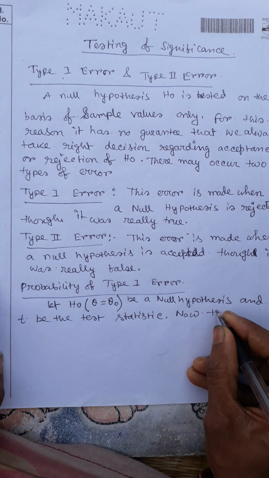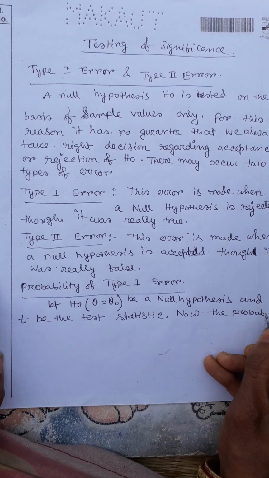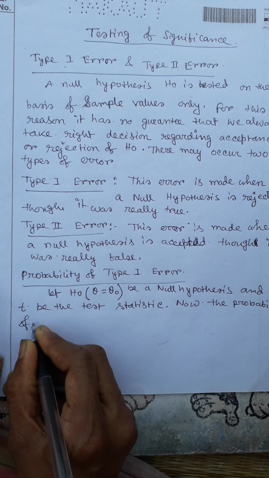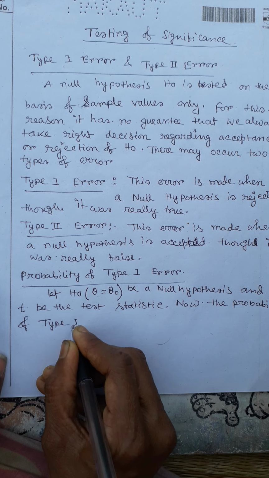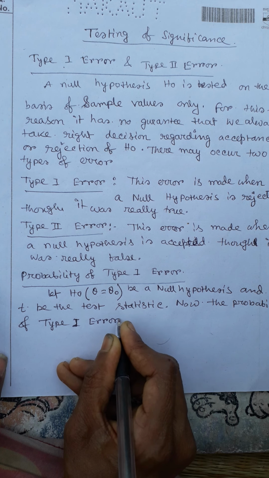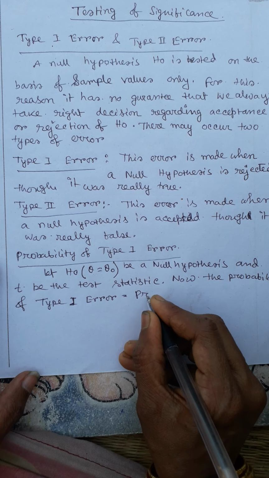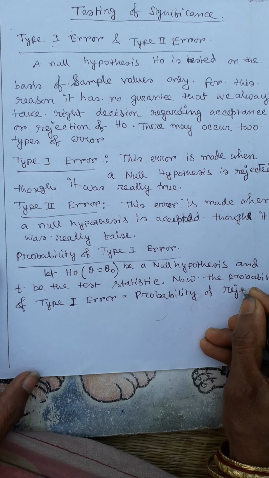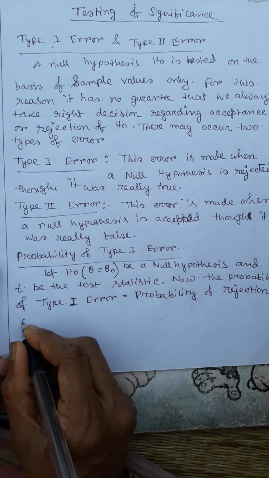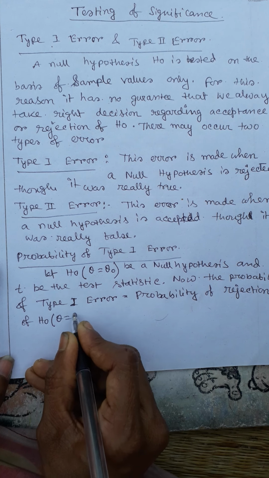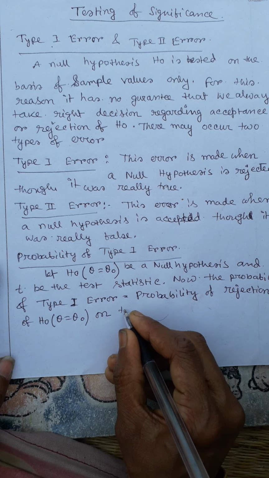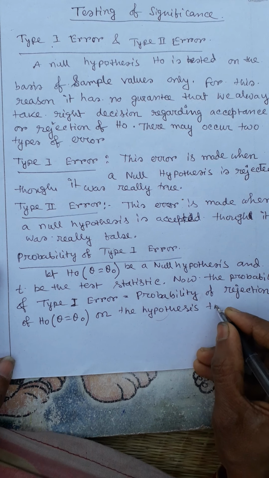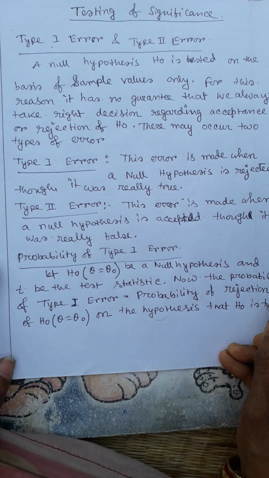Now the probability of type 1 error is equal to the probability of rejection of H0, theta equals theta 0, on the hypothesis that H0 is true.